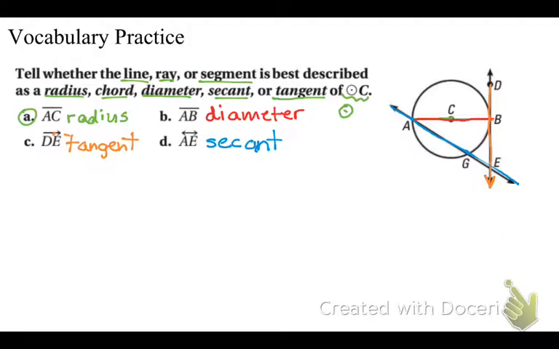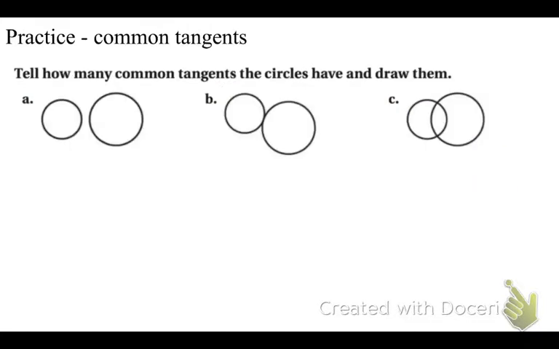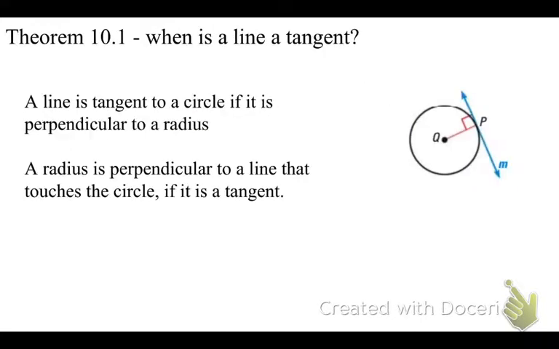If I had a line that went from here to here, it touched in 2 points, but it didn't keep going, this would be a chord. So again, know what these are. It's very important, and it's easy points on a test just to be able to define those pieces.